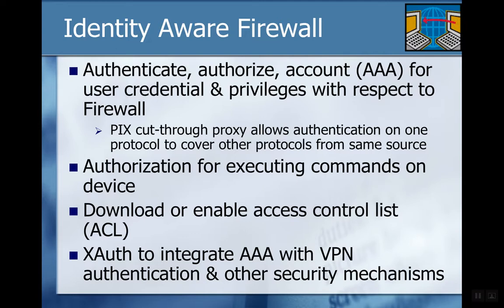An identity-aware firewall is one that can do authentication, leveraging authentication platforms. So authenticate, authorize, account: AAA. It means going back and using credentials, because for the most part, packets in and of themselves simply flow across the internet. This will identify packets, associate them with a particular identity, authenticate against that, and allow for authorization.